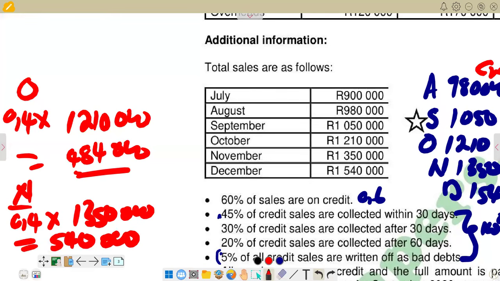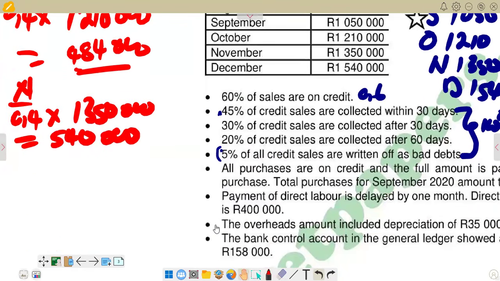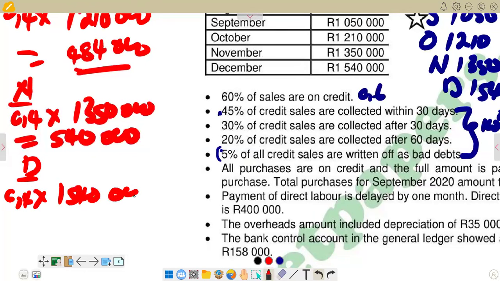Then we go to December, where we've got 1,440,000. For December, we are saying 0.4 times 1,540,000, and then the cash sales for December will be 616,000. So this is what we have in terms of cash sales.